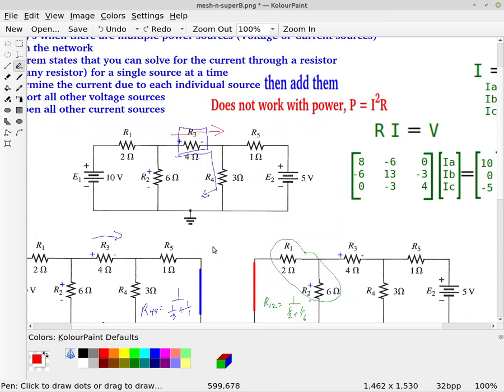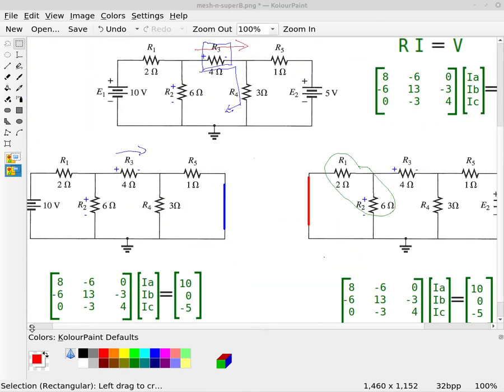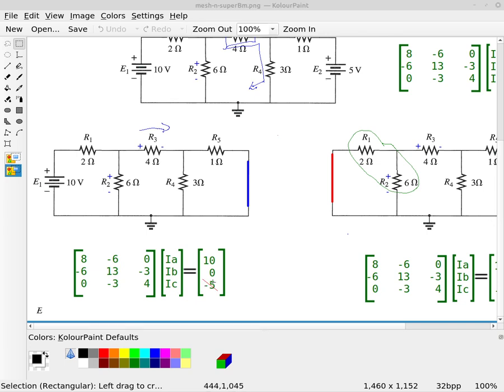However, if we apply mesh analysis, then all we have to do is take our original mesh analysis, and if we want to find the voltage just due to this one source here, we just look at our voltage vector.